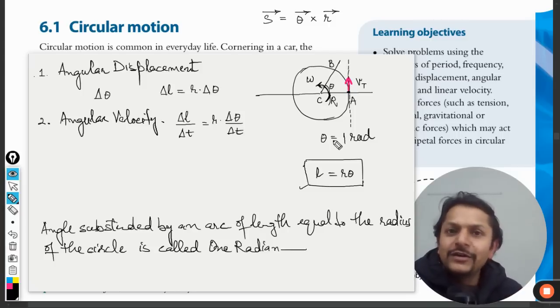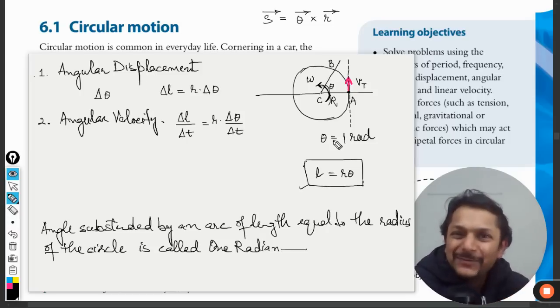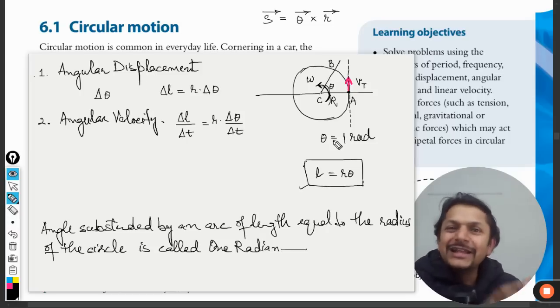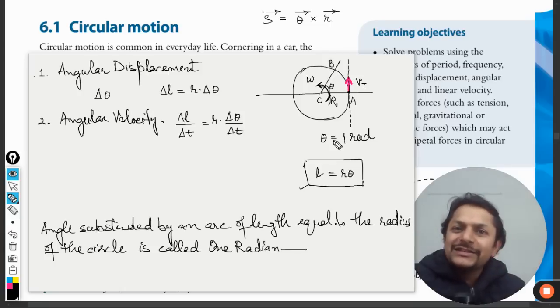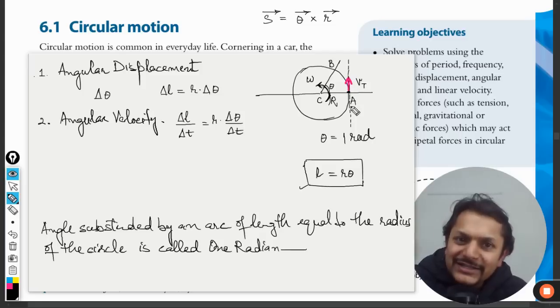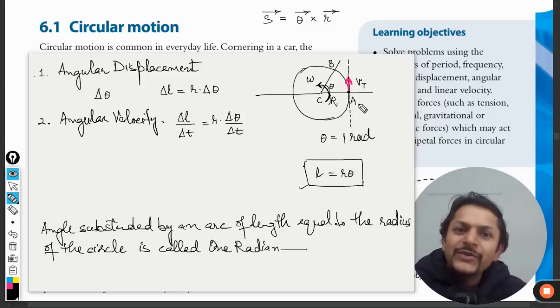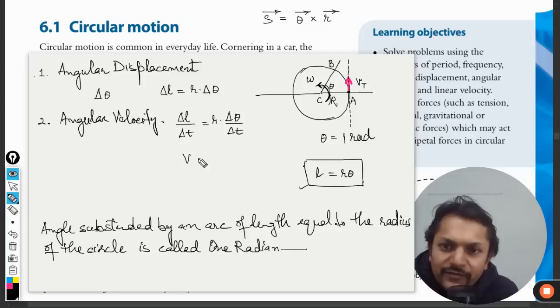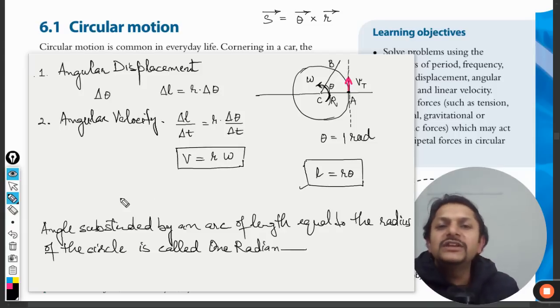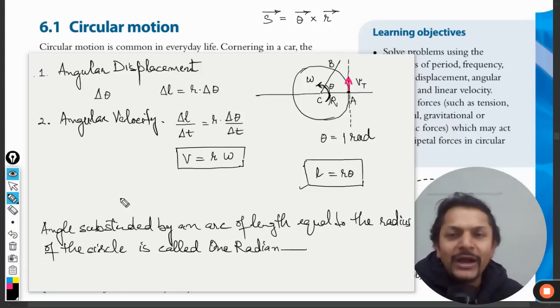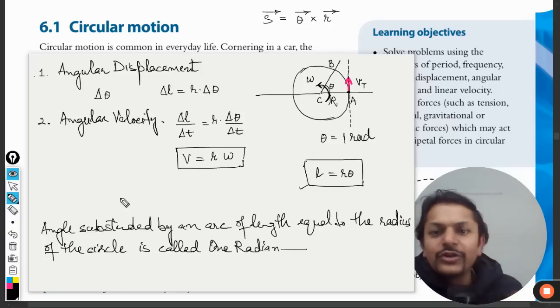Physics is fond of that. I will be explaining many things later also, that there are many names, but it is the same thing. So this is the velocity, and you can call it tangential velocity or linear velocity. So this is v is equal to R omega. You have seen this formula thousands of times now and you might have used it, but this is how you derive the formula.